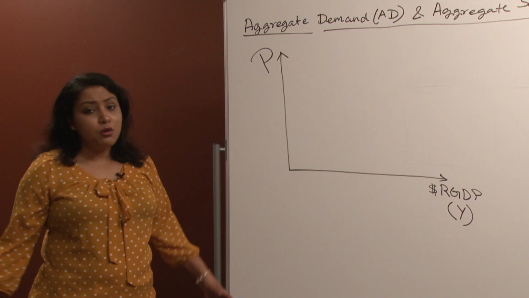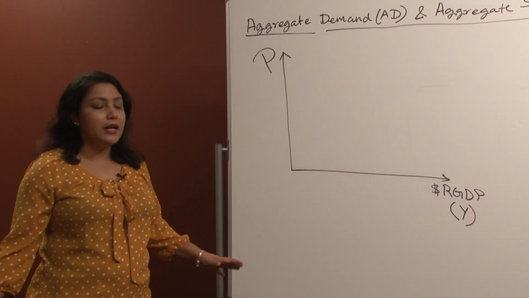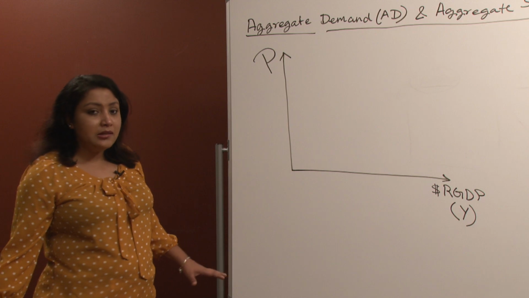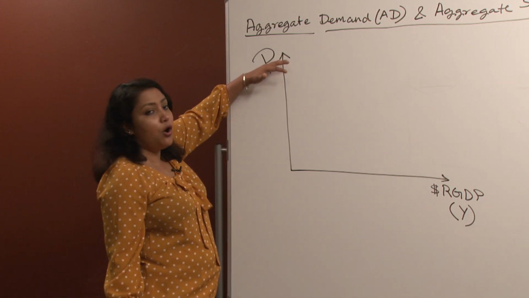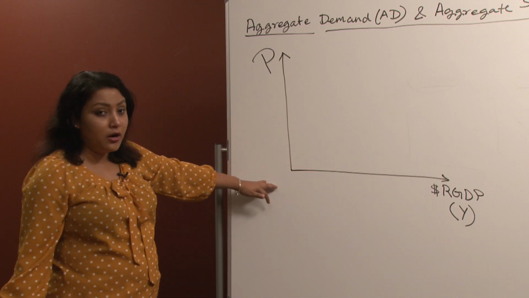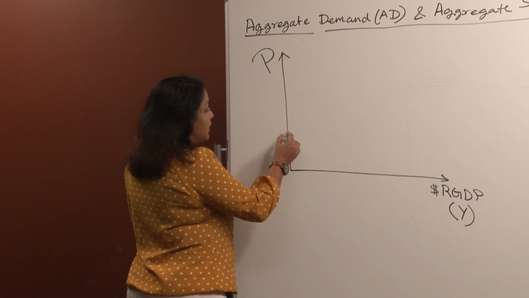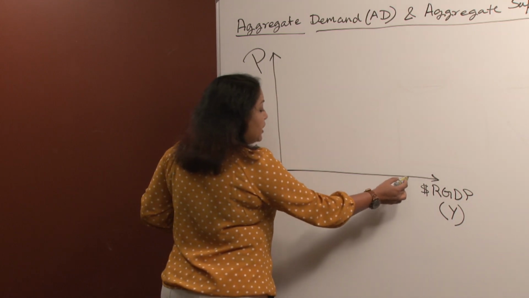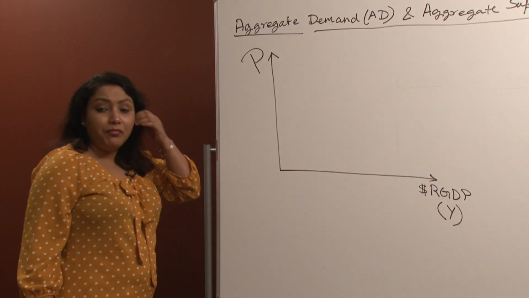Now, the same law of demand also holds in macroeconomics. That means as prices in the economy are higher, the real GDP tends to be lower, and as the prices in the economy are lower, the real GDP tends to be higher.